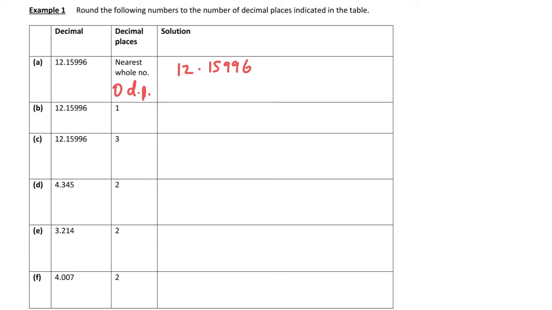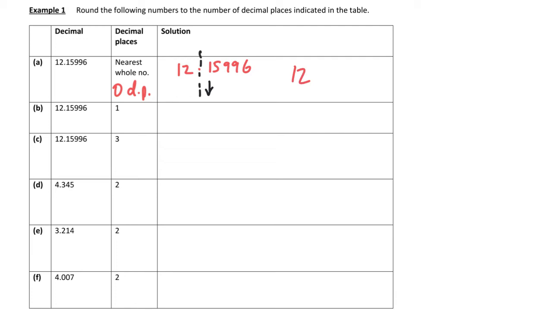So it's 0 dp, so we're going to put the dashed line after the 2 and before the 1. The 2 is the changer and the 1 is the decider. And because 1 is less than 5, that means we're going to round down, which means the changer will not change. So the answer then is going to be 12.